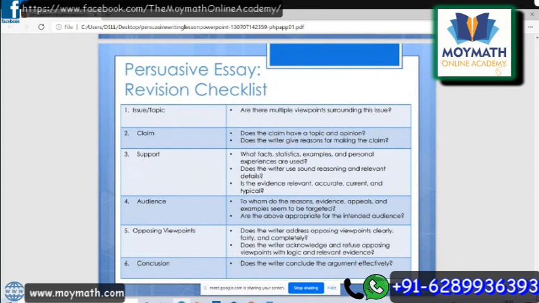Read it slowly in your mind, okay? Make sure that all this is being included in your persuasive essay.